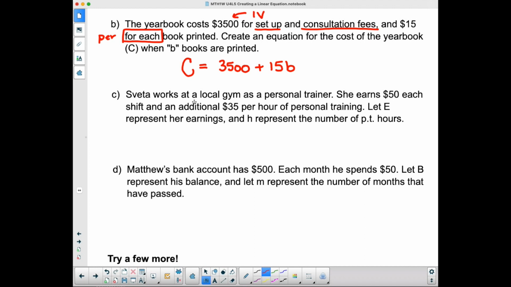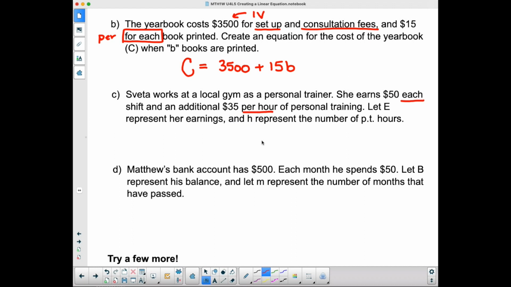So this says, Sveta works at a local gym as a personal trainer. She earns $50 each shift, an additional $35 per hour. This one is tricky because it has an "each" here and it has a "per hour."